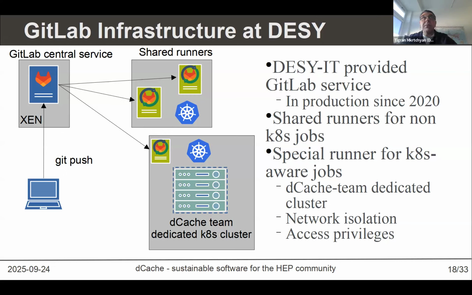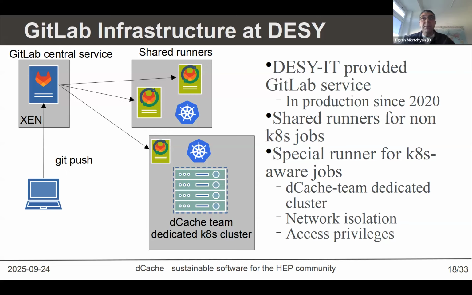On these shared runners, we run tasks that have low impact on other projects. For example, we just compile code there, or upload our build artifacts, or do something which is not that heavy from a computational or load point of view. For heavy duty workloads, we have our dedicated cluster, which is still provided by the system group at DESY IT.